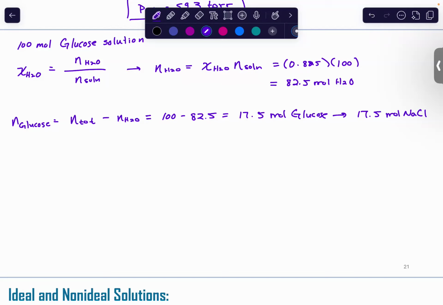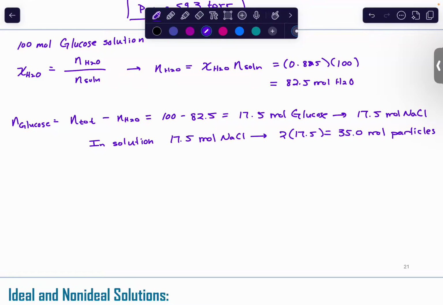However, in solution, this 17.5 moles of NaCl becomes 35 moles of particles, because again, that NaCl is going to split into sodium and chloride.